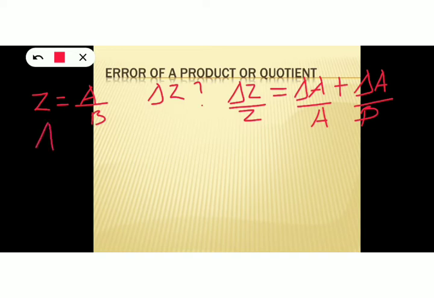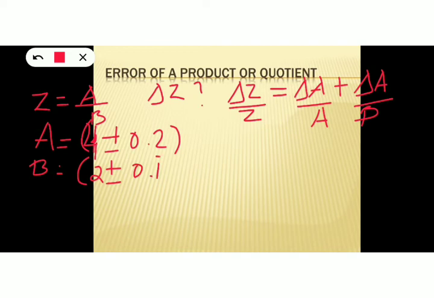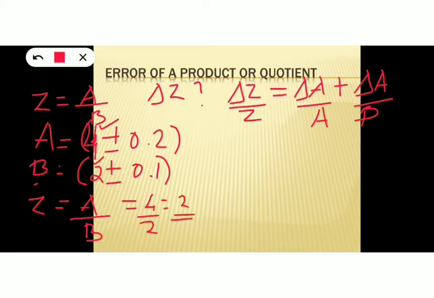For example, consider A is equal to 4 plus or minus 0.2 and B is equal to 2 plus or minus 0.1. Then Z is A by B. A is 4, B is 2, so 4 by 2 is 2. This is the true value of Z. Then what is the error in Z?